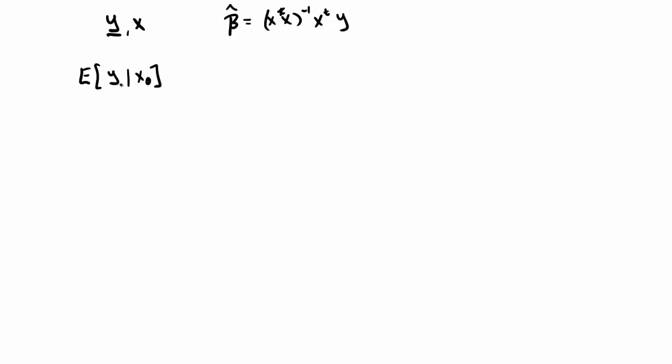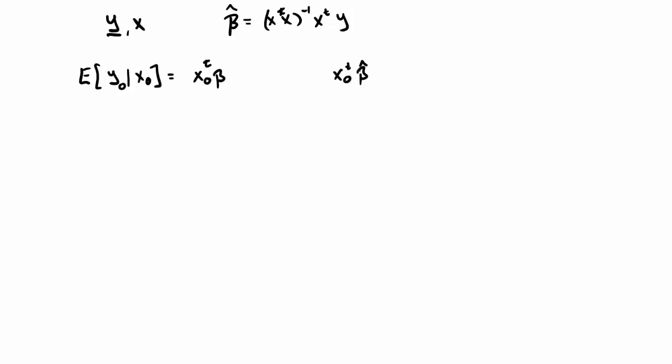Now let's say the expected value of a particular value y naught, a scalar version of y, at the particular value of x naught. Well, that expected value is x naught transpose beta. And so our estimate of that clearly is going to be x naught transpose beta hat.